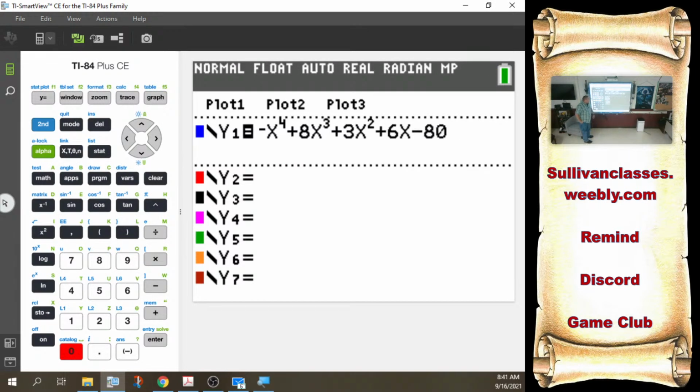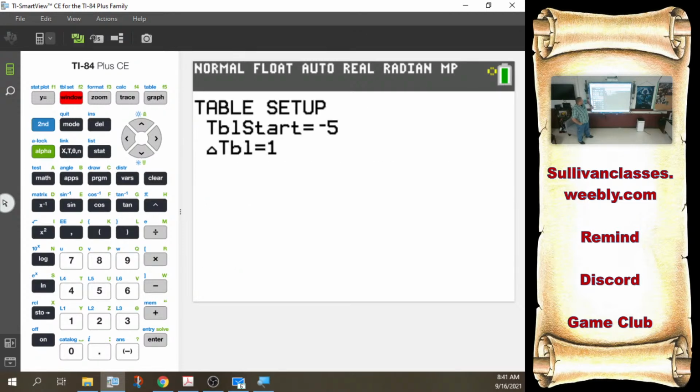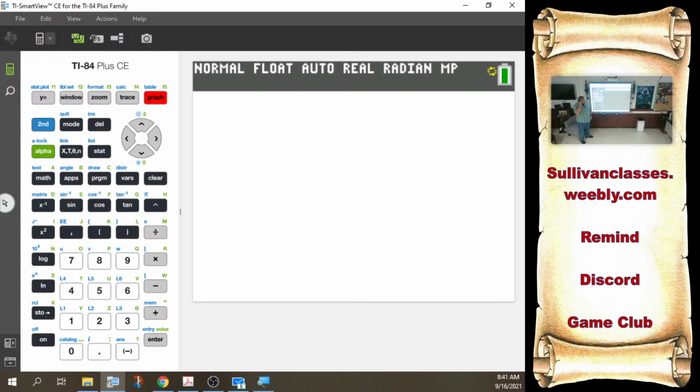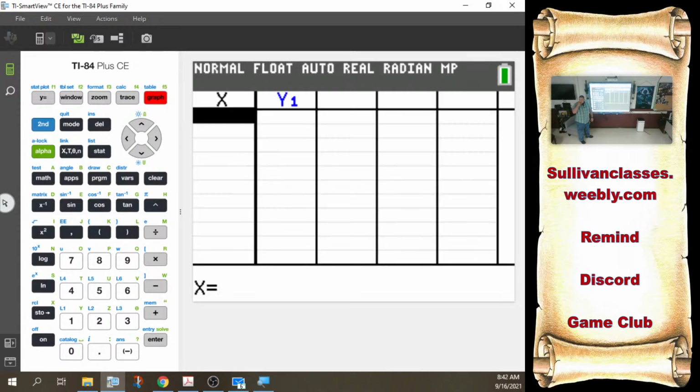Okay. If I do this thing, and then I go to my table, switch that back over to ask. Okay. This method is brought to you by Mr. Drake Faroki, a former student of mine who said, so if I want to know when it goes to positive infinity, can I just plug in a huge number?